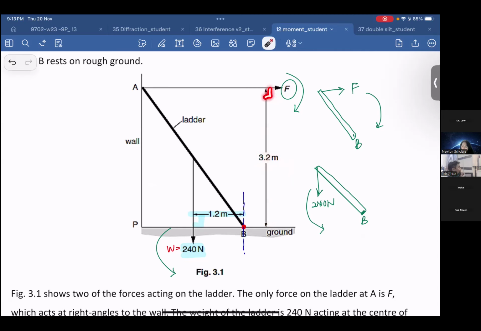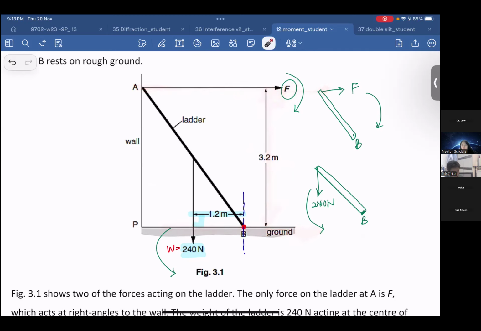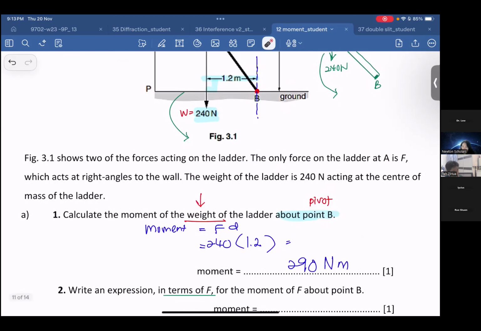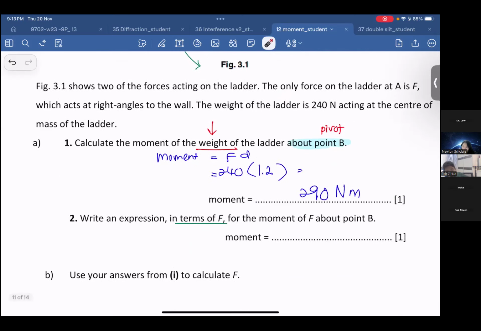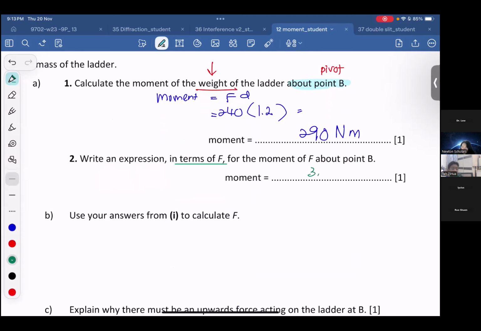We should times with 3.2. If you want to use the technique that I teach you, put your ruler here and move it parallel until the pivot. The distance between these two lines is your perpendicular distance, 90 degree. So your answer: force times 3.2, so it should be 3.2 F Newton meter.